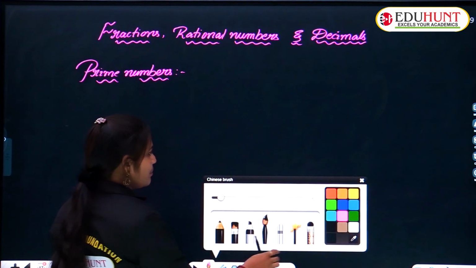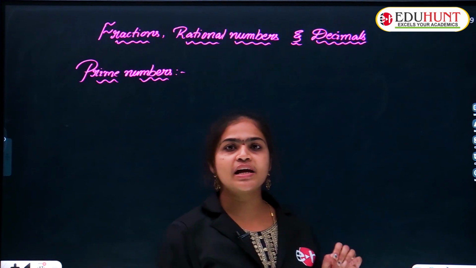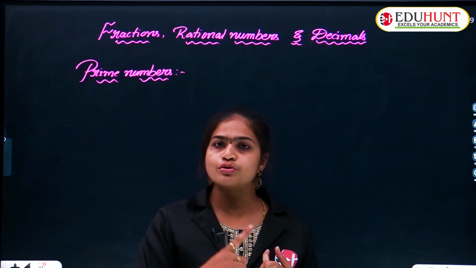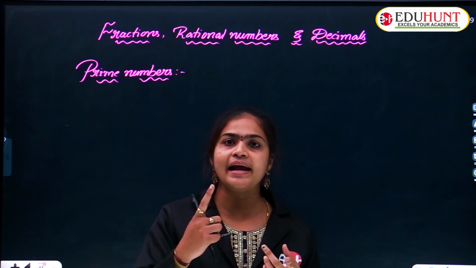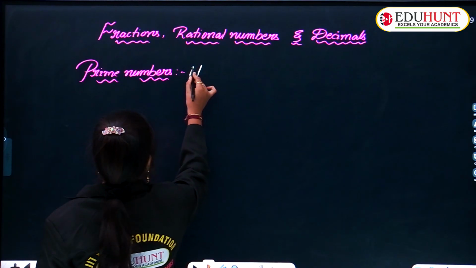Okay, what about prime numbers? What is the definition of prime numbers? Prime numbers means numbers which are having only two factors. What are those two factors? Those two factors are 1 and the number itself.